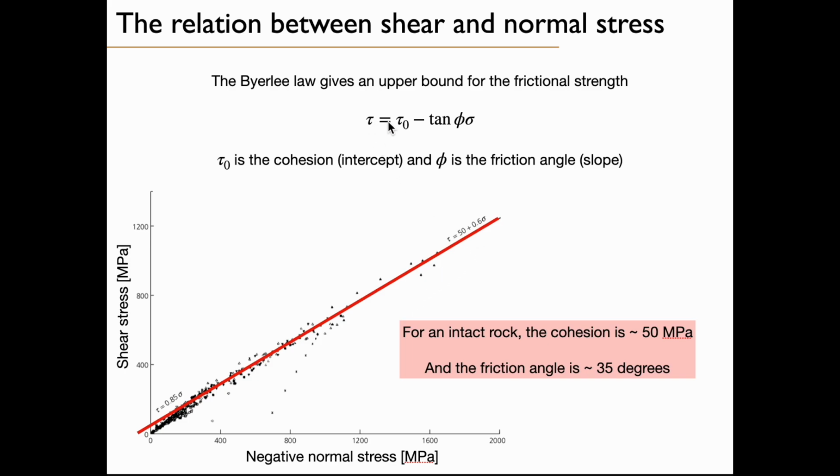The shear stress is equal to a reference intercept value tau 0 minus tangent phi, that is the slope, times sigma. The minus sign is because here it's actually a negative normal stress that is represented. So for an intact rock, the cohesion is about 50 megapascal, and the friction angle is about 30 to 35 degrees.